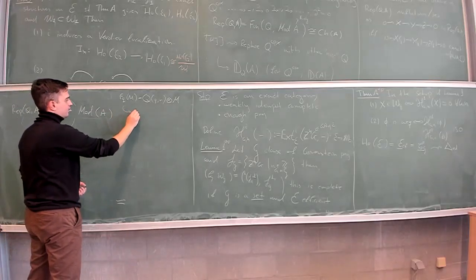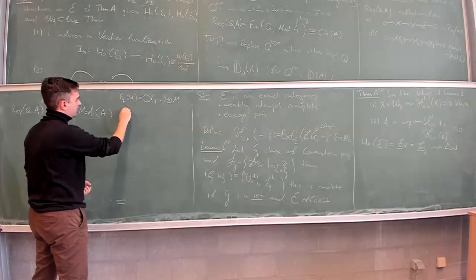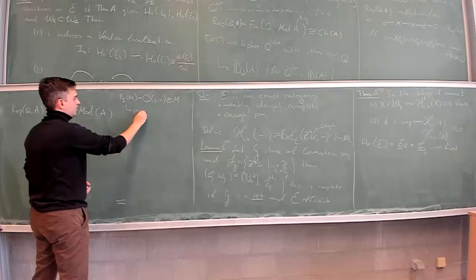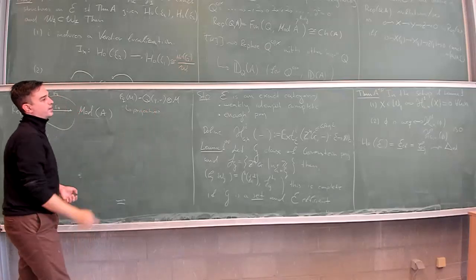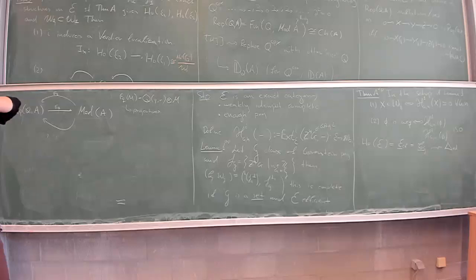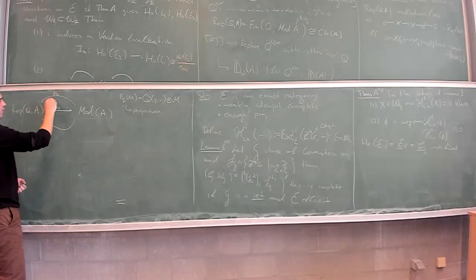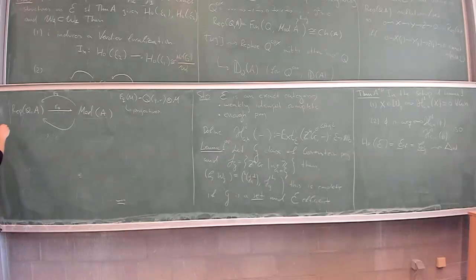These are going to be projectives with respect to any exact structure that I give to rep Q comma A. Maybe I should mention that all these functors are exact, also with any exact structure that I put on rep Q comma A. So these are the candidates for our projective objects.